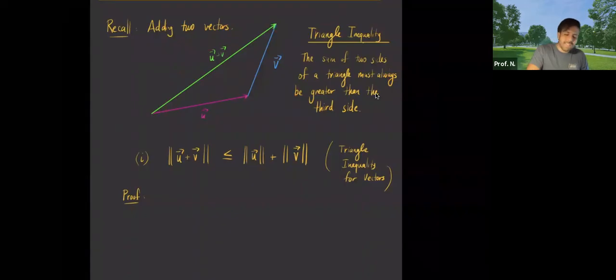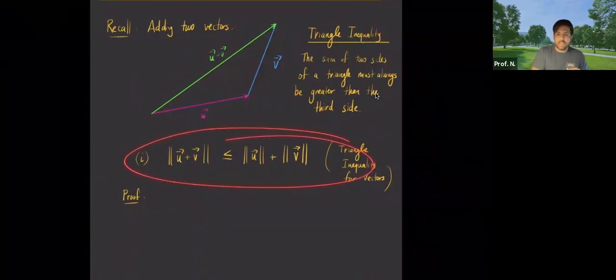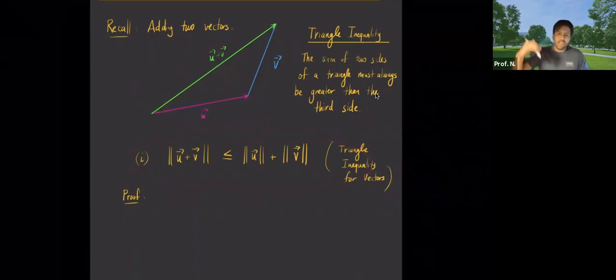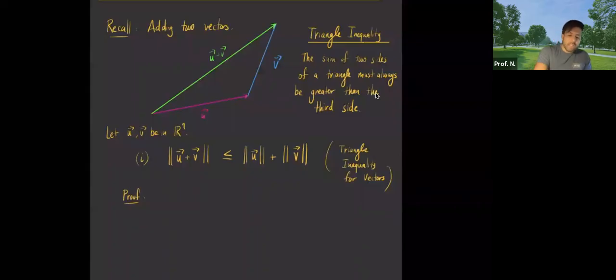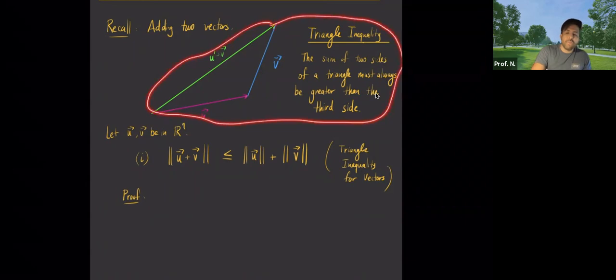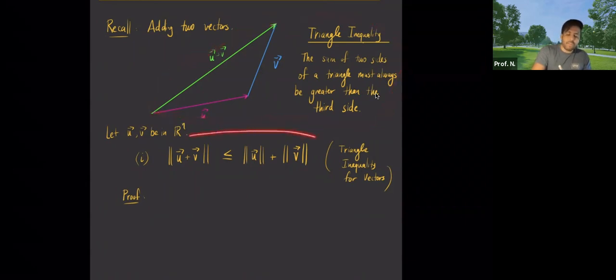And what we're saying is we're extending this idea in R2 space into n-dimensional space. So that's the little jump that's not seen. So we're going to say let u and v be in Rn. So again, this is just the motivation. This here is the motivating example for this property of triangle inequality for vectors in Rn.